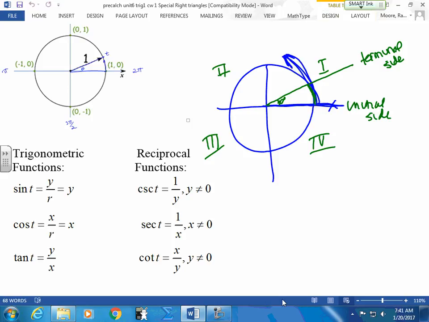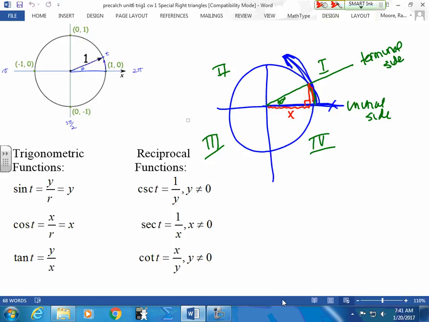From here, I'm going to drop a right triangle right at that edge of the circle, down. This piece here, what axis is this on? My X. This piece here, it's not on an axis, but what is it parallel to?